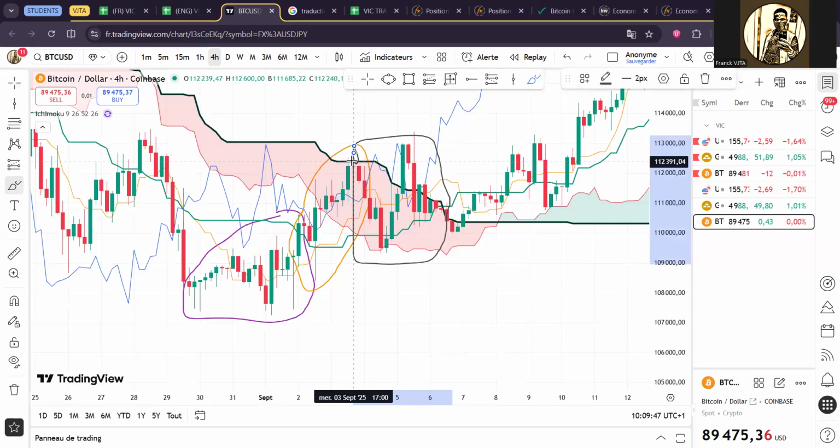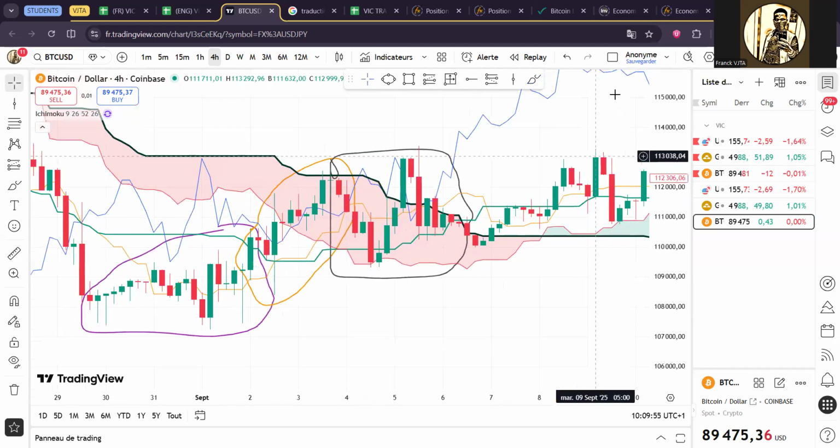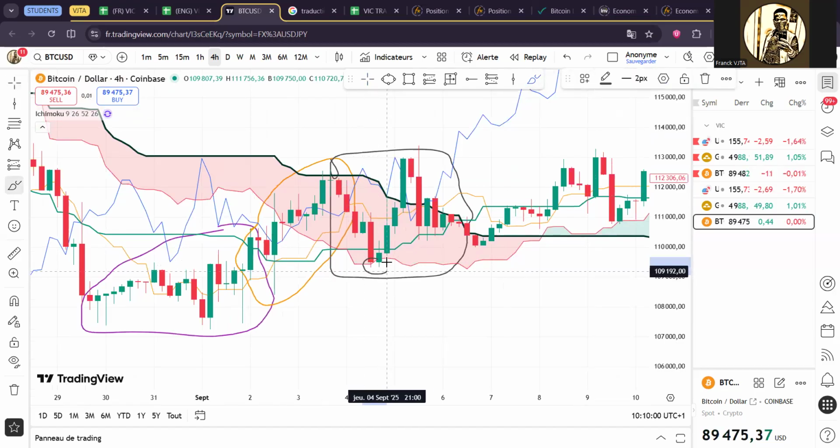So from SSB touch till when Kijun goes outside of SSB. So during this transition, what do you see? What is the bottom point? The bottom point is obviously the Kijun embedded in cloud. Kijun is already in cloud, and you have the Kijun inverted touch, and you also have the SSA inverted.